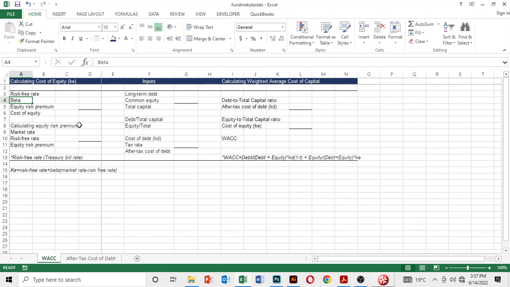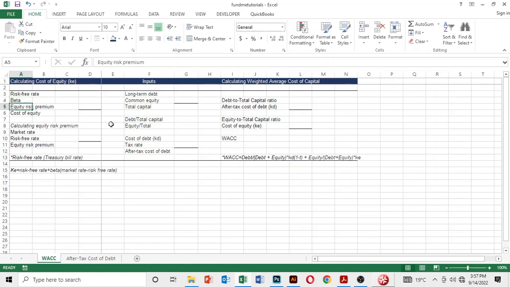A beta of 1 shows that the equity instrument or the stock is moving in tandem with the market, so the risk is neutral sort of. A beta below 1 means it's low risk, so you can invest in that if you are a risk averse investor. But a beta above 1 shows that the equity instrument is very, very volatile, right?